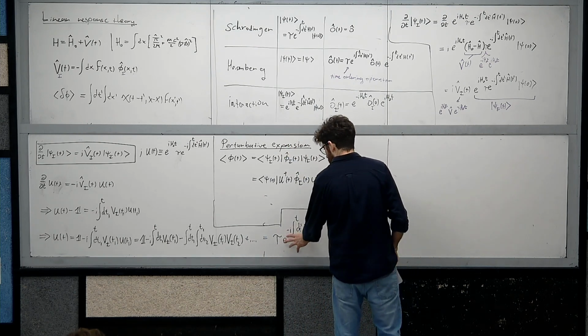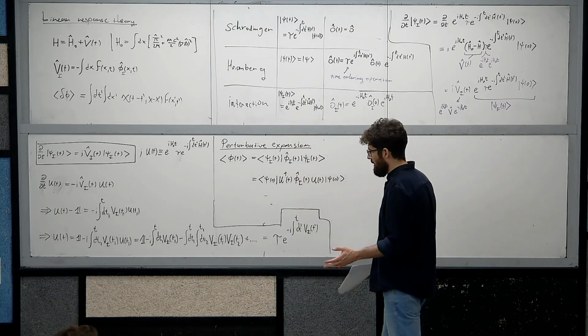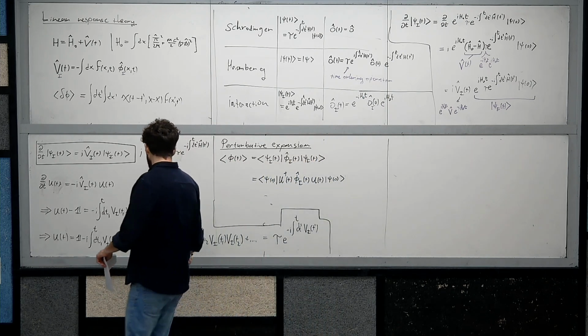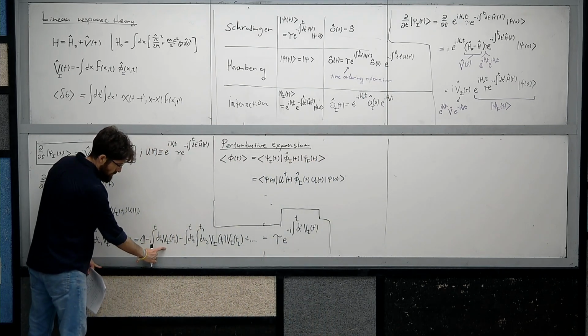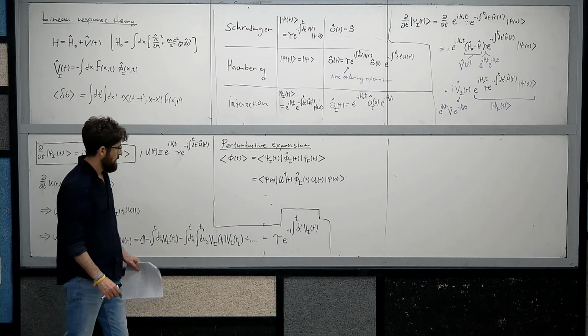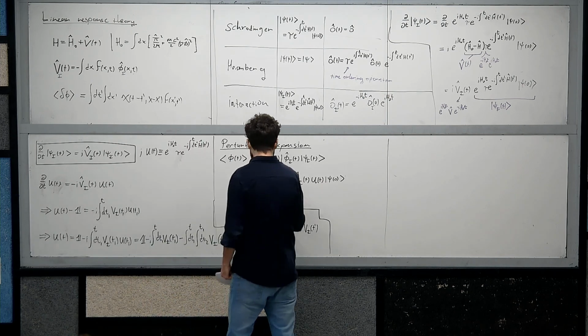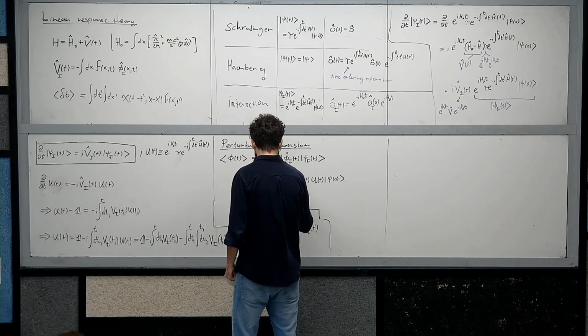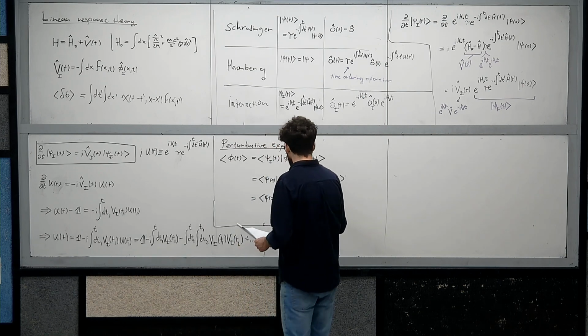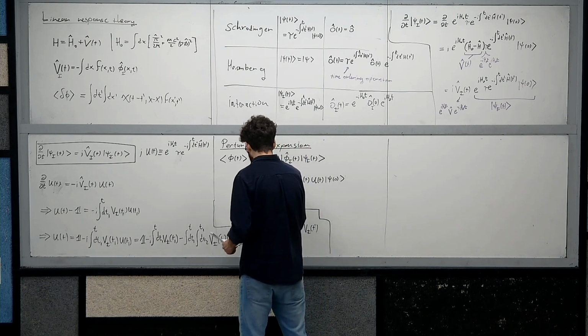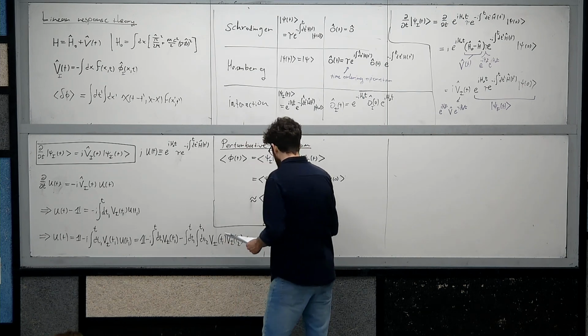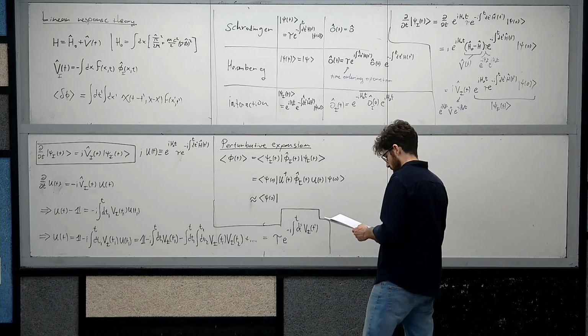But then we can use this relation. Basically, all I really need to linear order is these two terms here. So what I can write is that this thing is equal to, sorry, this is approximate. Okay, here is the linearity coming in.